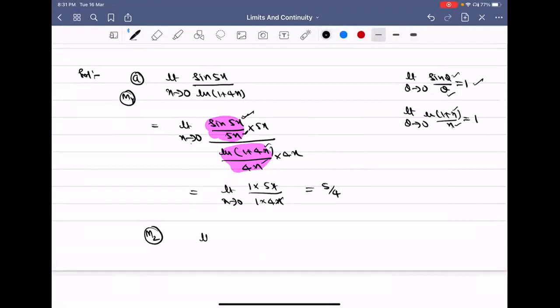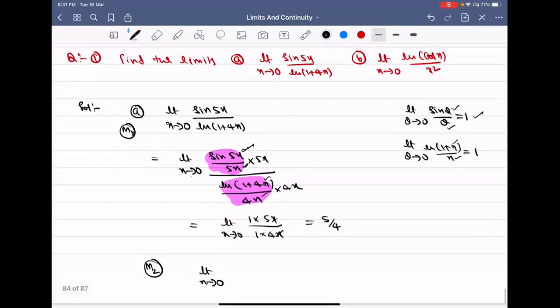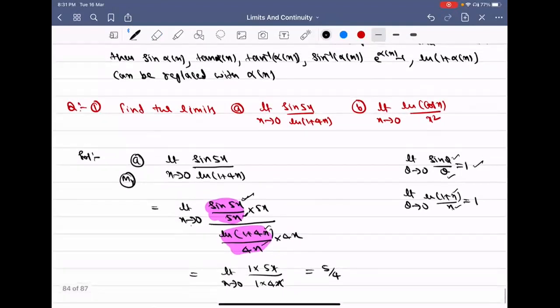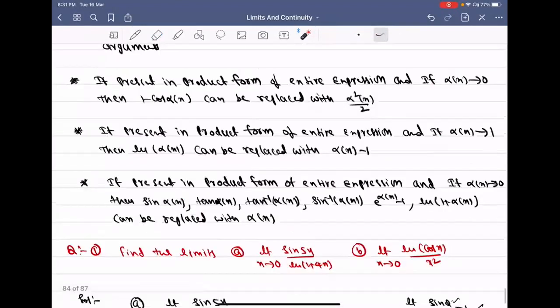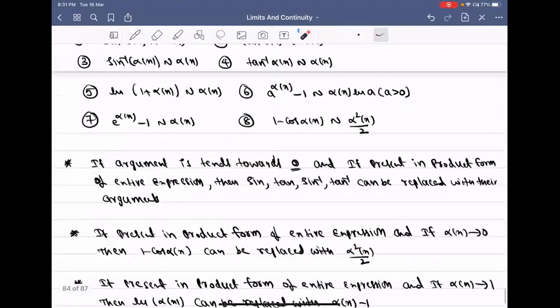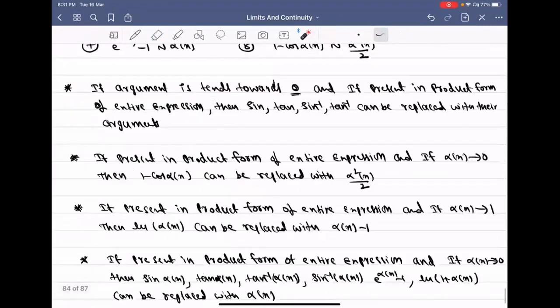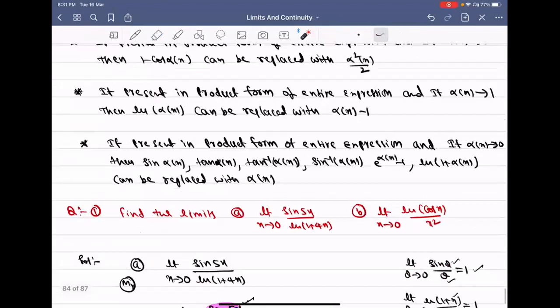In infinitesimals, as x tends to 0, sin 5x is in product form and 5x goes to 0. If x goes to 0, 5x goes to 0. Then the equivalent infinitesimal is: sin alpha x is equivalent to alpha x. So you can replace sin 5x directly with 5x.